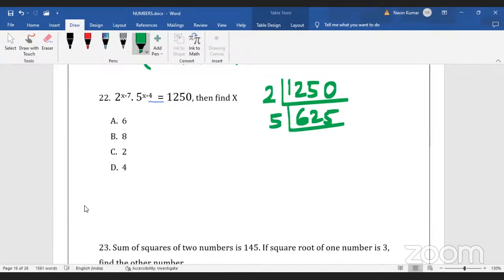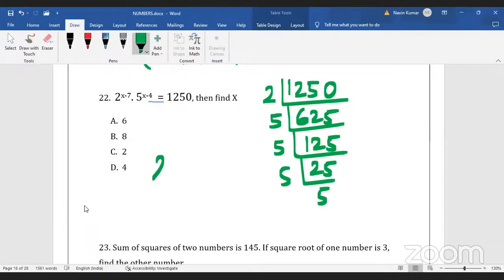That is 5 cubed. 5 raised to the power 4, right? So you can write 2 to the power of 1 and 5 to the power of 4, right? Yes. You write like this.